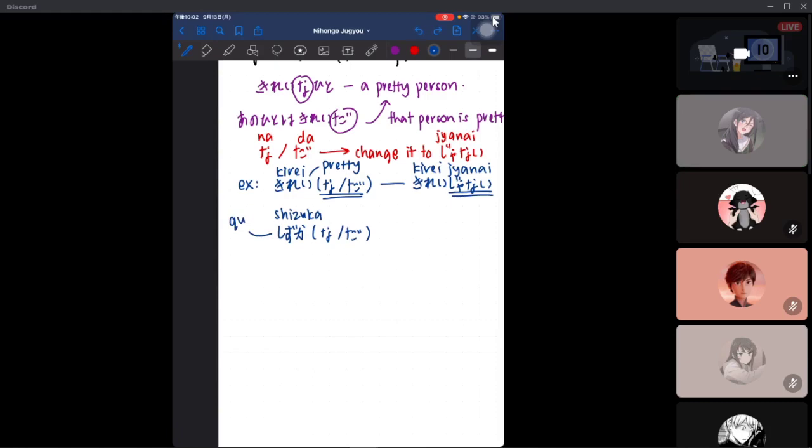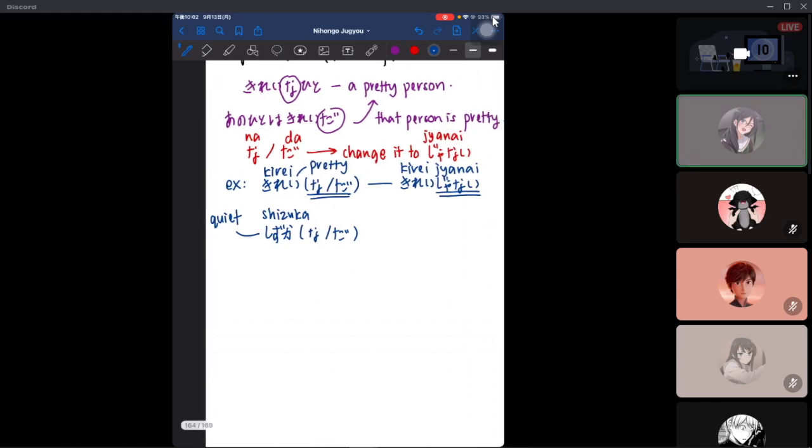Sometimes people would say Shizuka ni shite kudasai, for example. Shizuka ni means please be quiet. So Shizuka, if you change it, what will it become then?